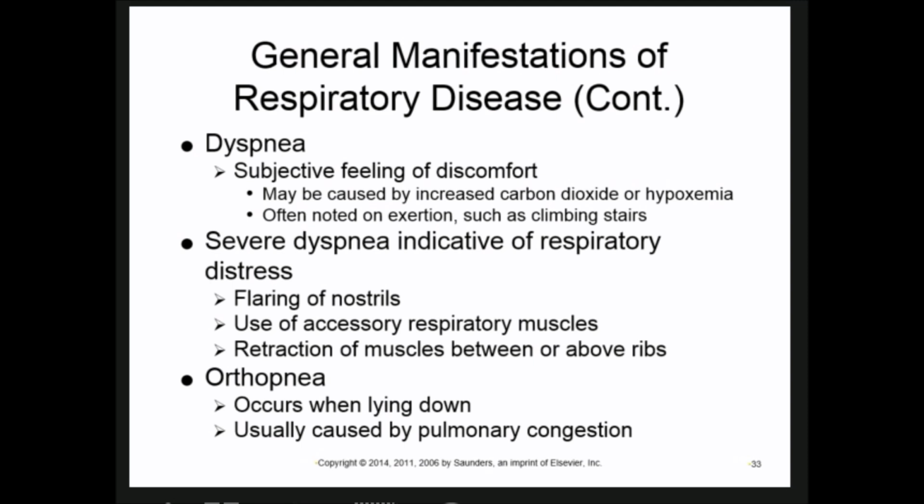Some people, if it's severe enough, sleep sitting on a chair. If you ask them to lie down, they will have real difficulty breathing. Ortho, standing up; pnea, breathing while I'm straight. Can't lie down: pulmonary congestion.